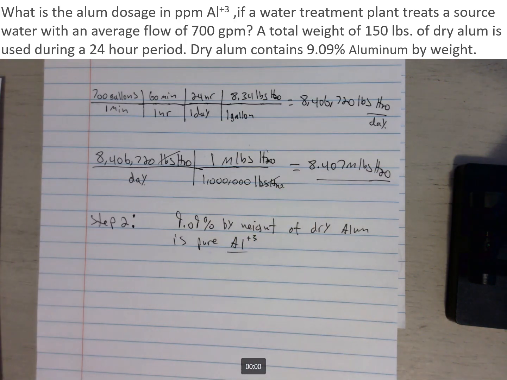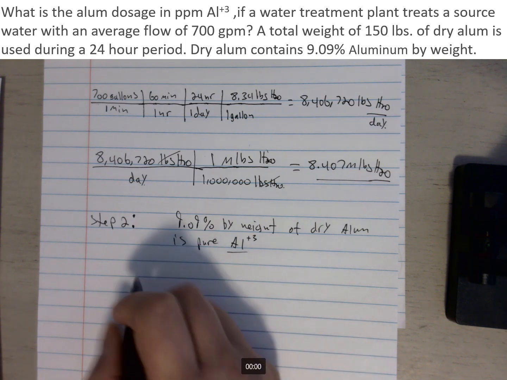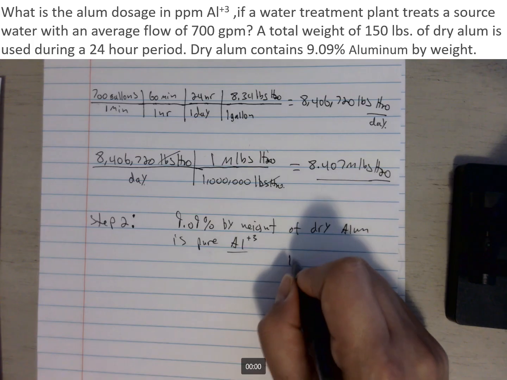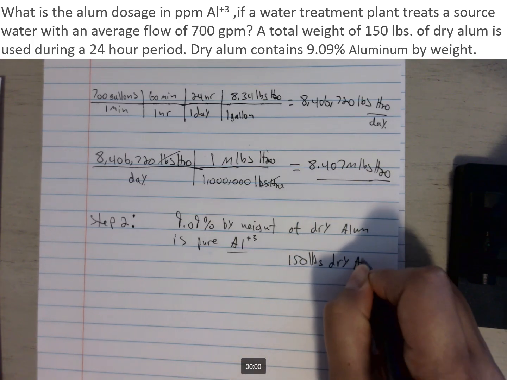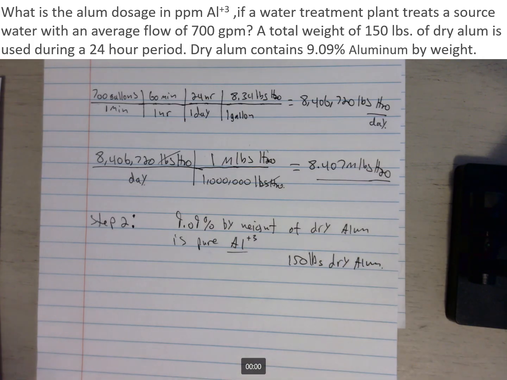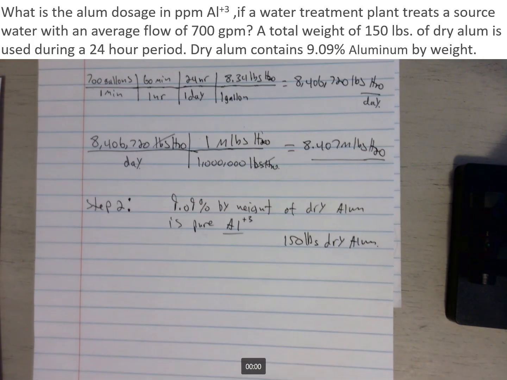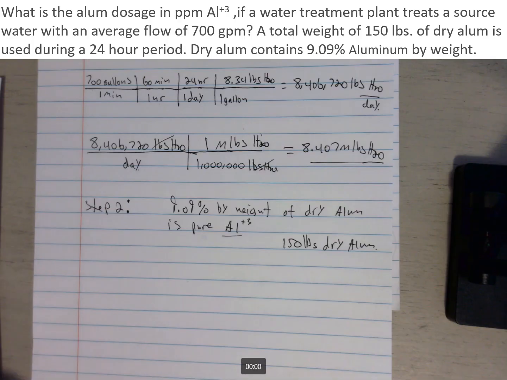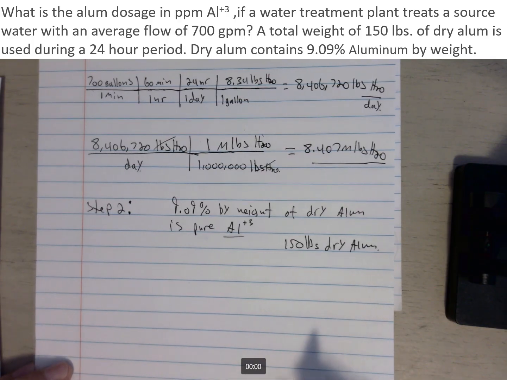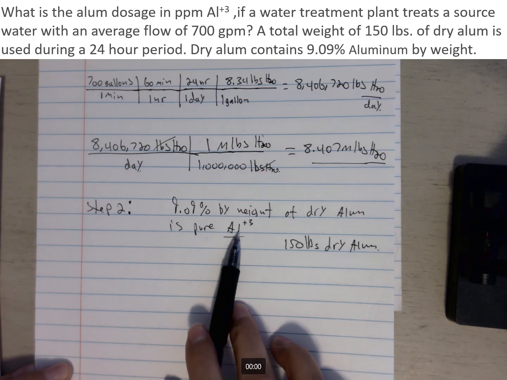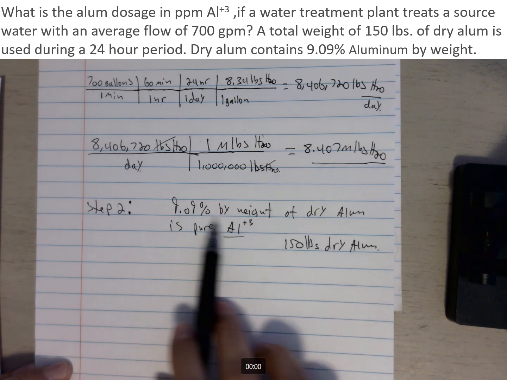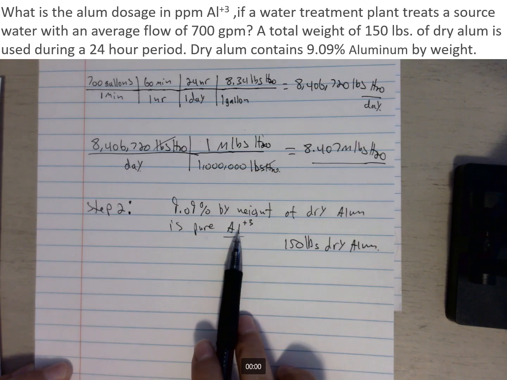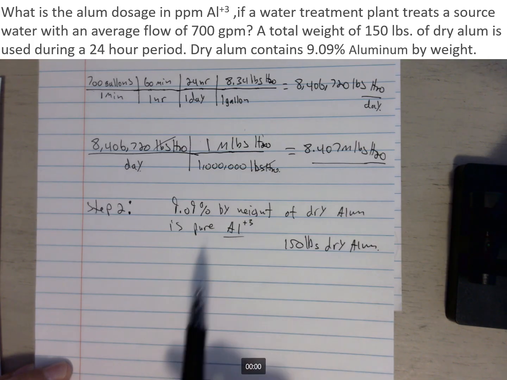We know that we're adding a total of 150 pounds of dry alum. I'm going to show you a way: in order to find my pure ion concentration, I multiply the dry alum by the percentage to get my pure aluminum ion pounds.